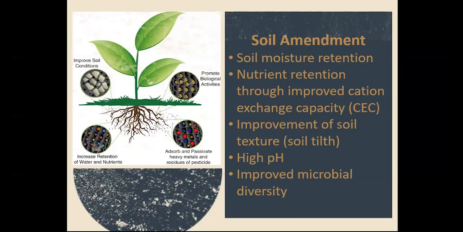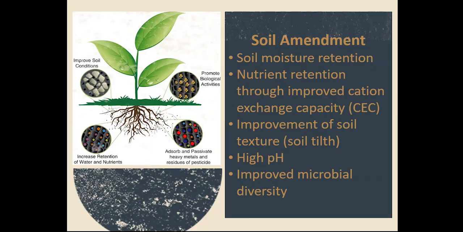If we have high clays and we're mixing in biochar, it can help the tilth or the workability of the soil. Like I said, it has a high chemical absorption capacity, or what we call cation exchange capacity, and can hold on to nutrients and different cations and ions that the plants are needing for uptake.